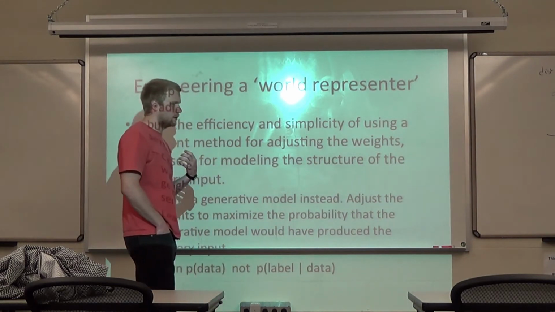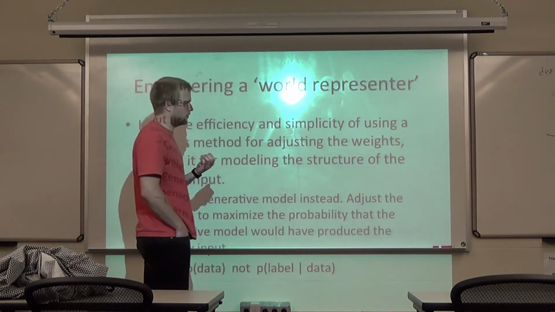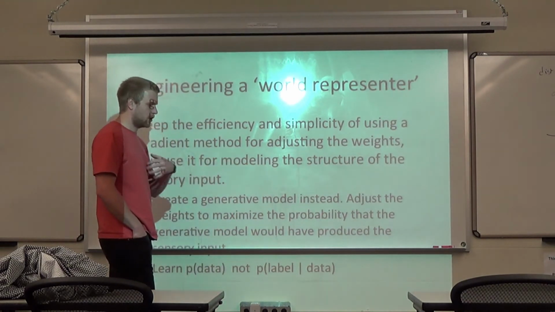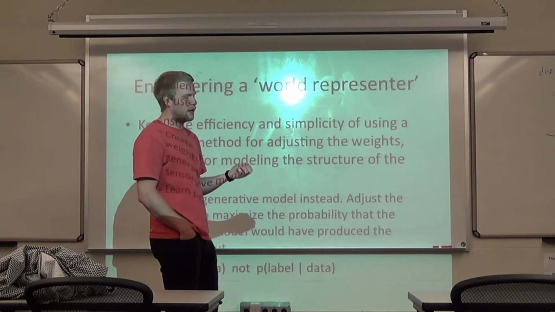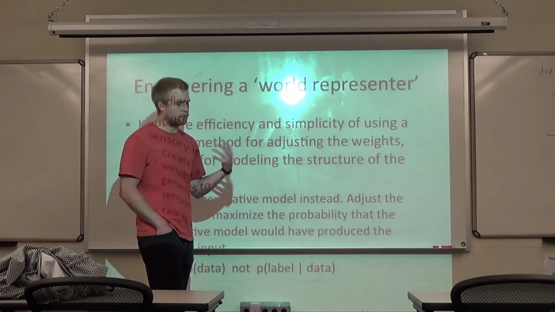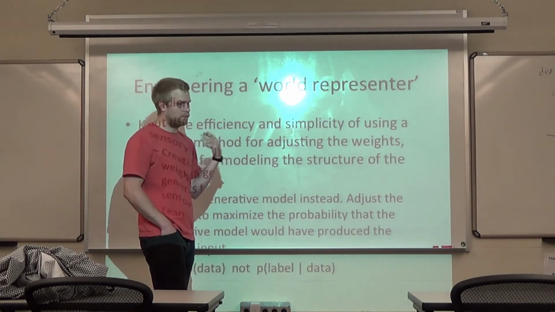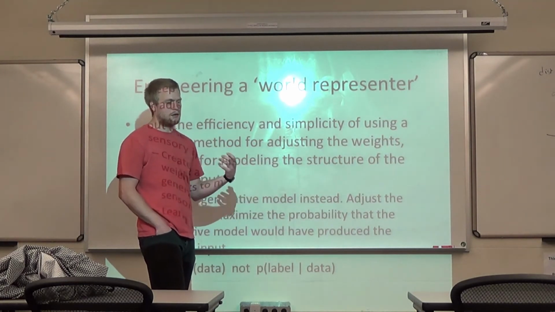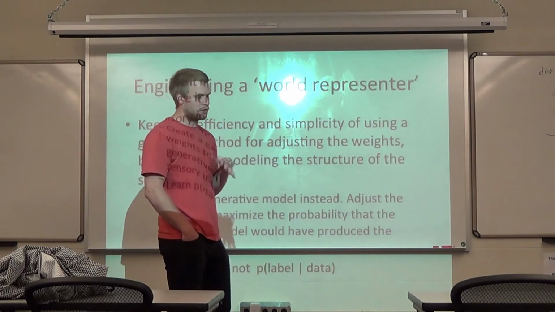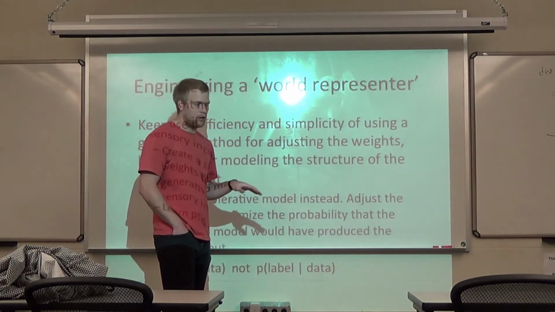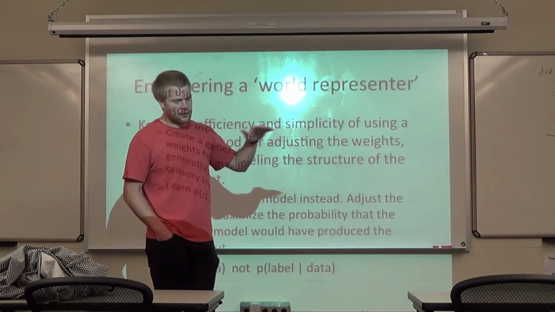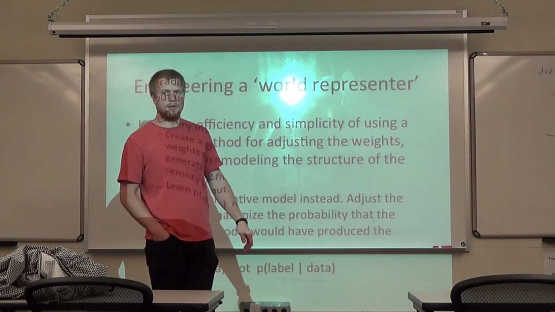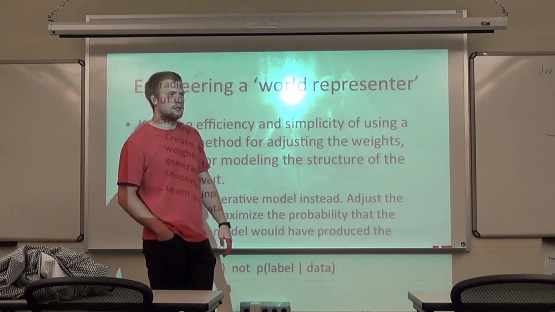The way we do that is we change the weights in such a way that the hidden nodes can reconstruct the visible layer. If the hidden nodes can reconstruct the visible layer, then the hidden layer itself somehow represents the visible layer, or the image. Does that make sense? I can explain that more if not.